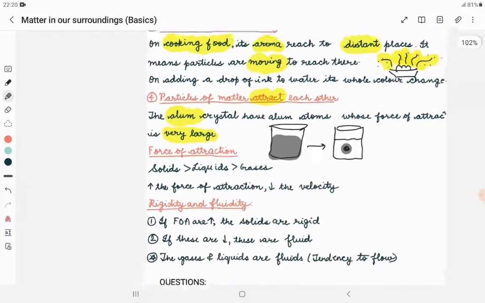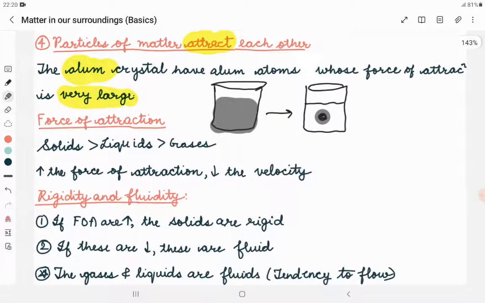There will be no dirt left around, which shows that this alum crystal has attracted all of the dirt particles from the water, which shows that the particles of matter can attract each other.